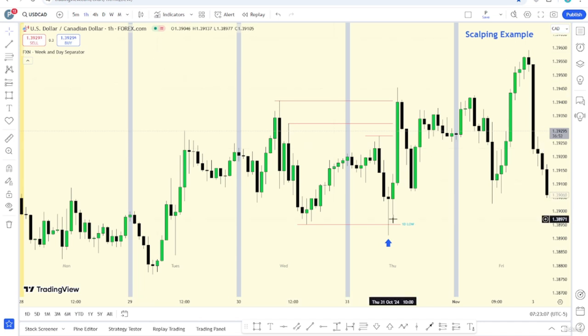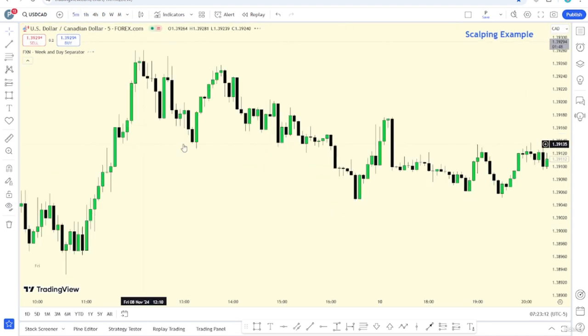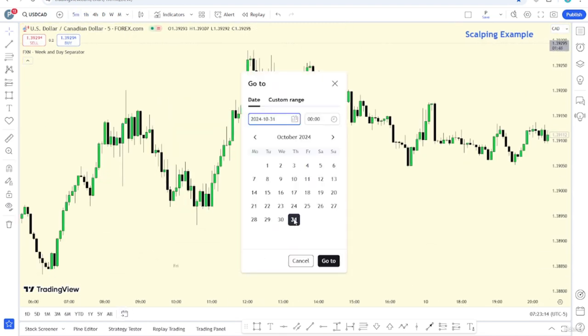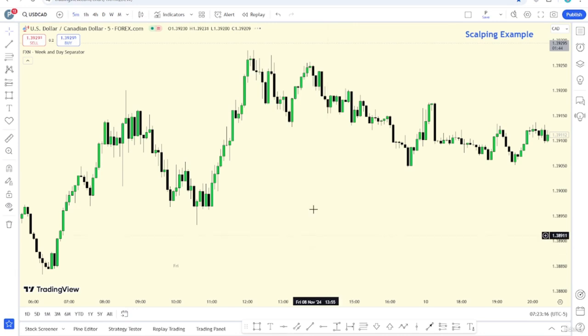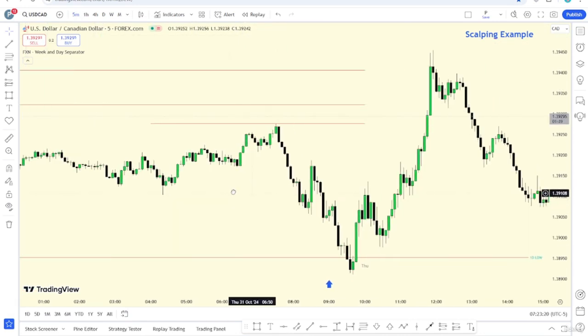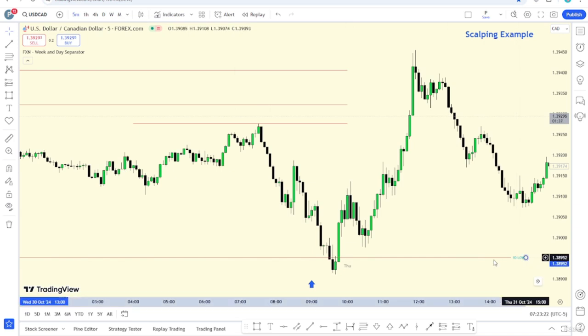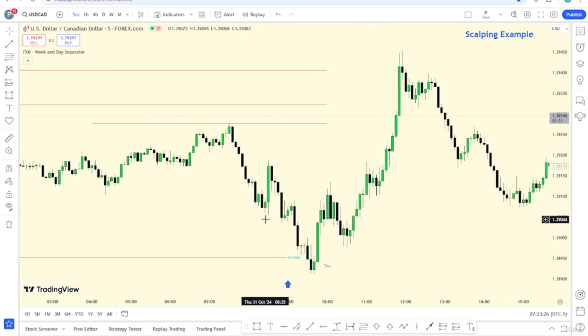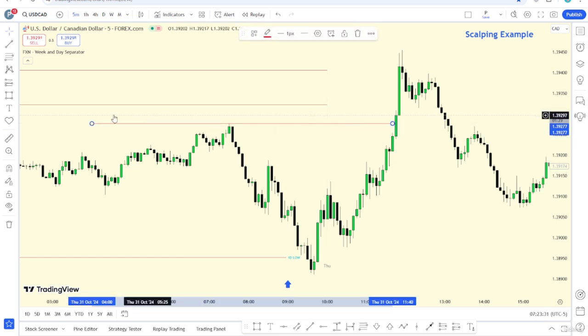So let's drop to the 5 minutes chart. This is on 31st October, the day that we saw that low being run during New York session. This is our setup example. These are the liquidity points I mentioned. You had that high right there.